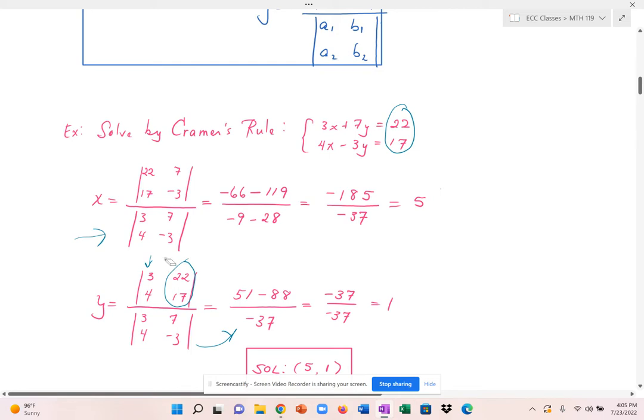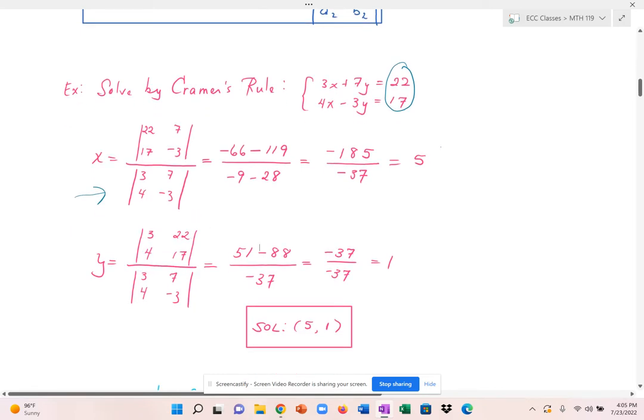So I have to evaluate that determinant on top. It's 3 times 17 is 51, minus 4 times 22, that's 88. This gives me negative 37 in the numerator and negative 37 in the denominator, so the y value is 1. So your solution is the point (5, 1).